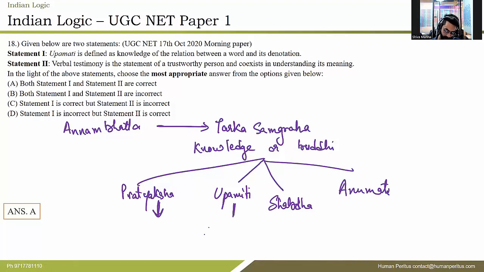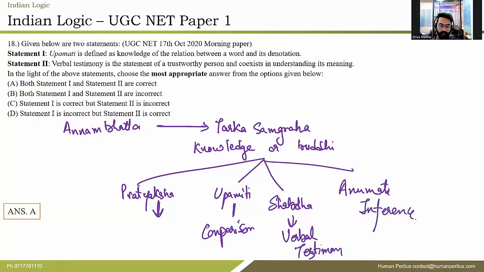Upamiti is comparison. Shabda is verbal testimony, and anumiti is inference. Now, in the question, the first statement talks about upamiti.